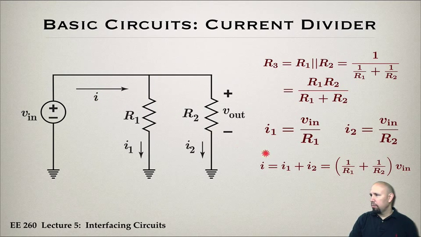Those two currents both flow through these resistors, and by Kirchhoff's current law, this current is the sum of the other two currents. Notice the sum is related this way: 1 over R1 times V in, plus 1 over R2 times V in, and these two terms just add. These are the conductances of the individual resistors. 1 over R1 is the conductance of R1, and 1 over R2 is the conductance of R2.